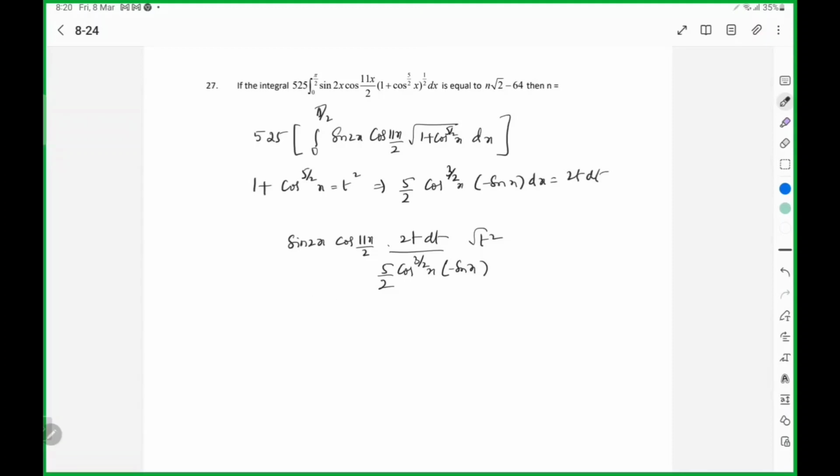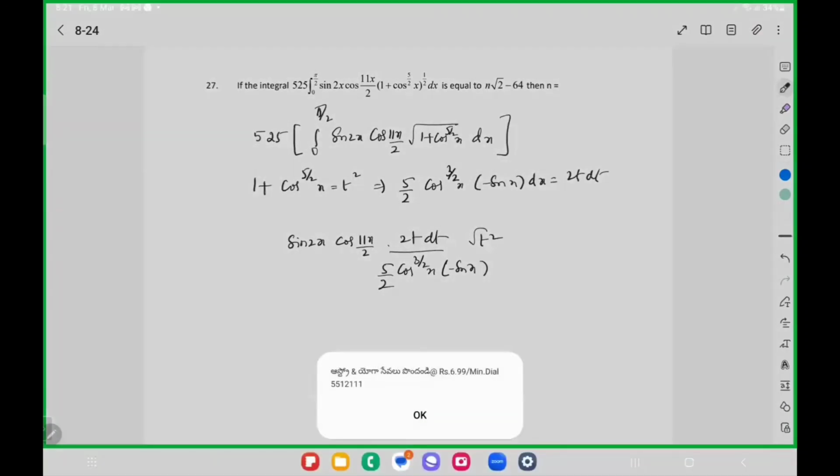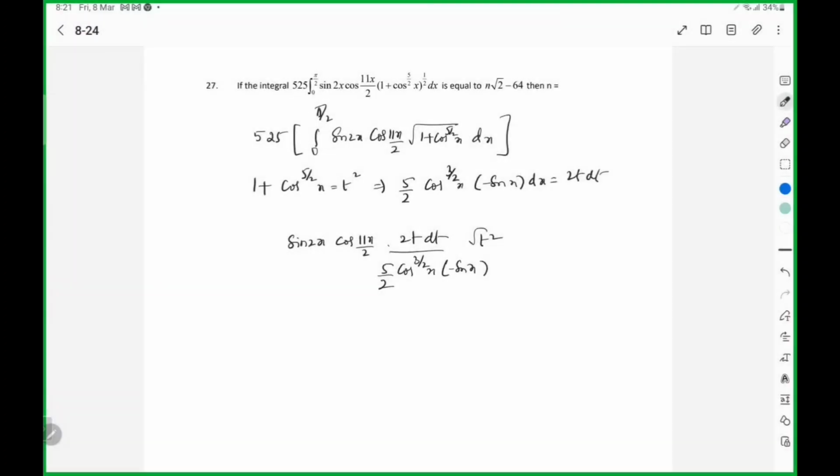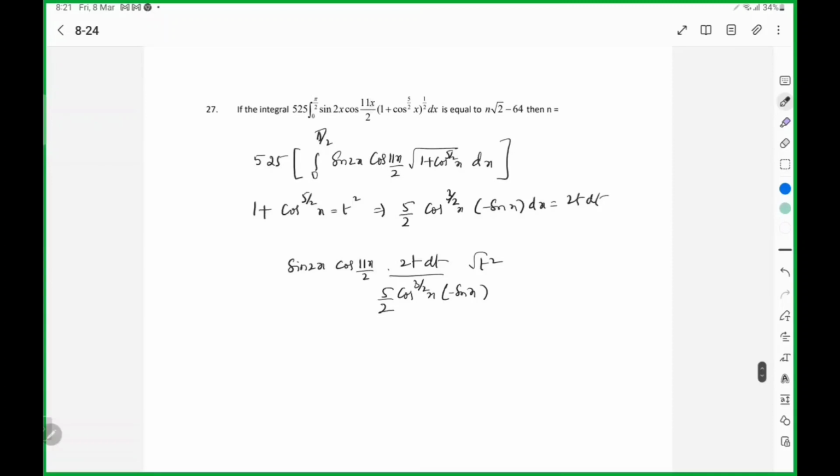So here further simplification. Is it cos power 11x by 2? Here it is cos power 11 by 2 x.